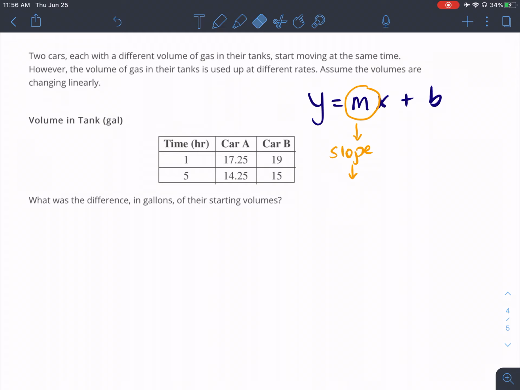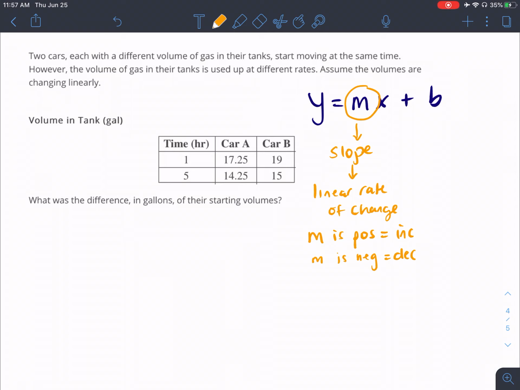Let me write that. The linear rate of change. And it's telling us if it's going to be increasing or decreasing. So remember if m is positive, that's telling you that you're increasing. And if m is negative, that's telling us that this quantity is decreasing.